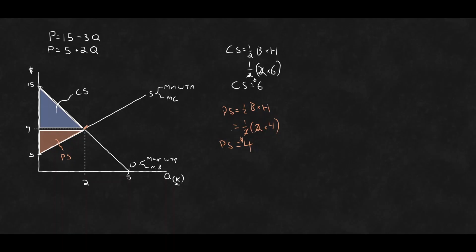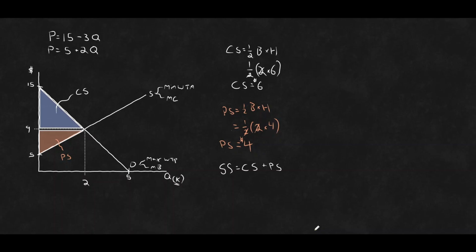What we can do then is take a look at the total surplus that is received altogether. And this total surplus is what we would refer to as our social surplus. And the social surplus is quite simply the consumer plus the producer surplus, presuming that these are the only two economic agents that are involved.